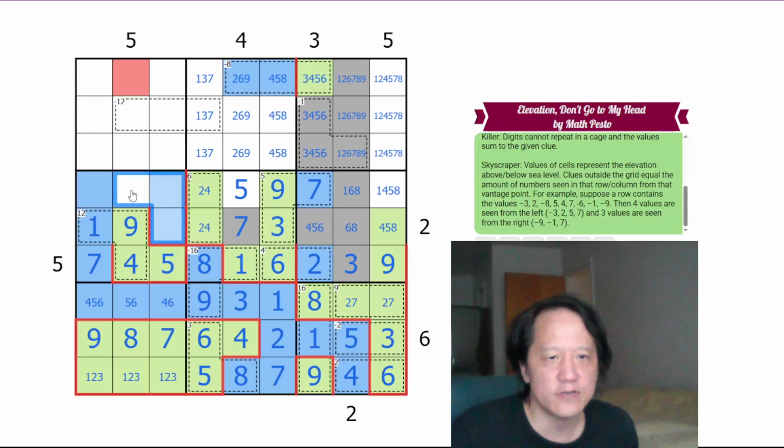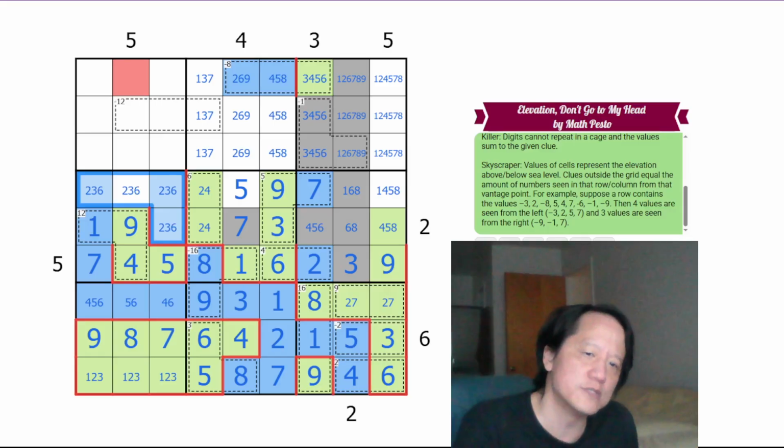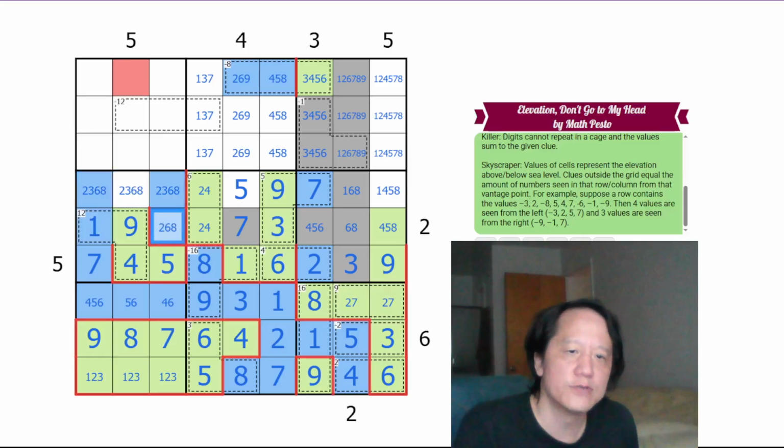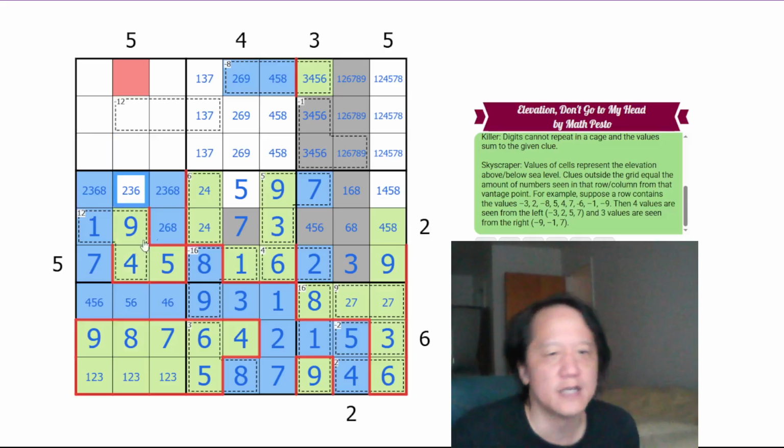Remaining digits of box 4, we have 3, 2, 6, and 8. No 3 here because of 3 in the row. No 8 here because of 8 in the column. This sees the 9, and it sees 5 cells. So it must see all of these cells because all the other cells after the 9 are blocked.